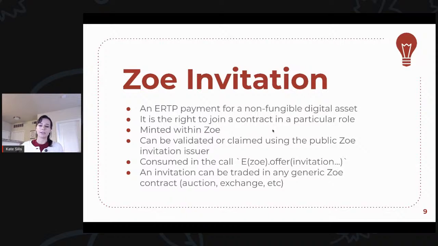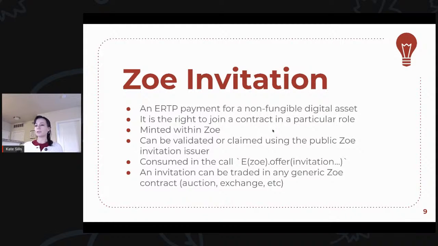To use them, you make an offer, and they're consumed in that call. So when you call Zoe.offer with the invitation, that invitation actually gets burned, but during the burning process, Zoe validates that it's a correct invitation for a particular contract.